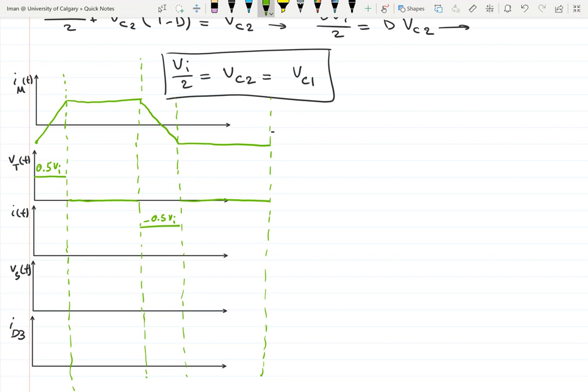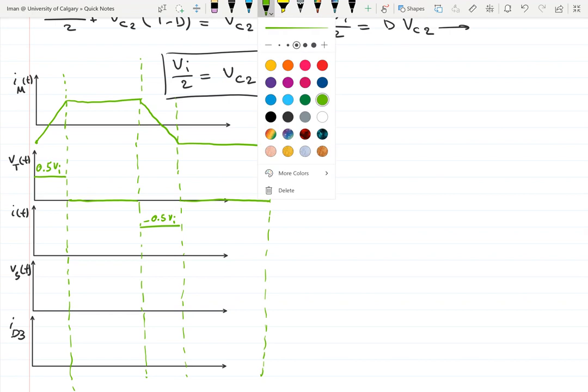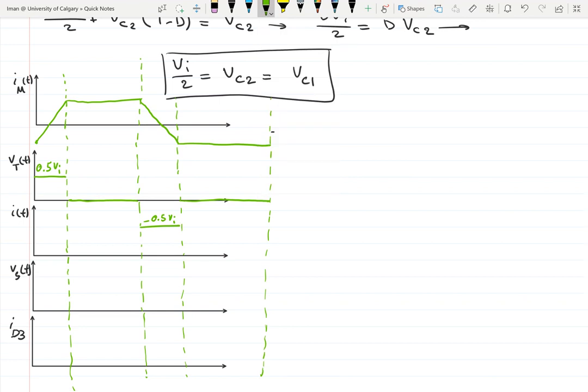So IT is the current in our output inductor, which is something like this.